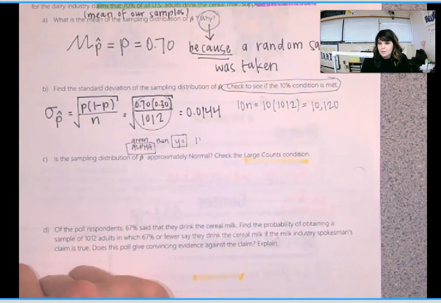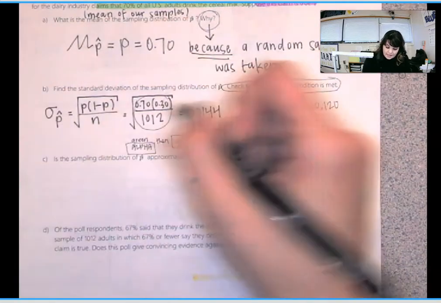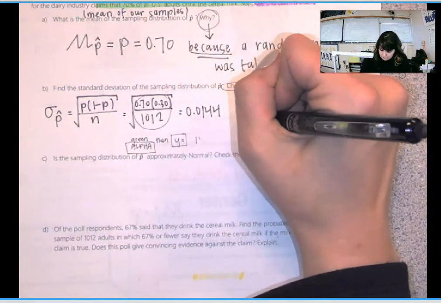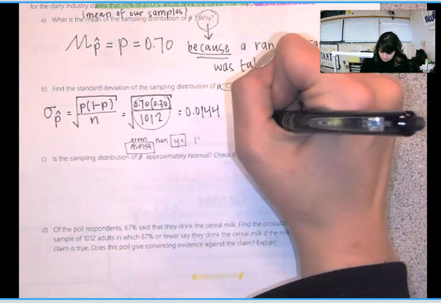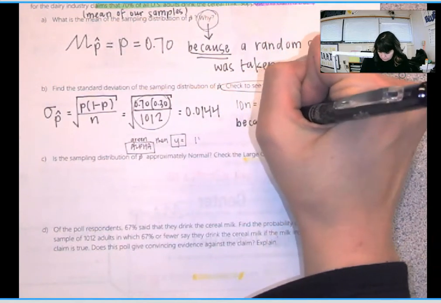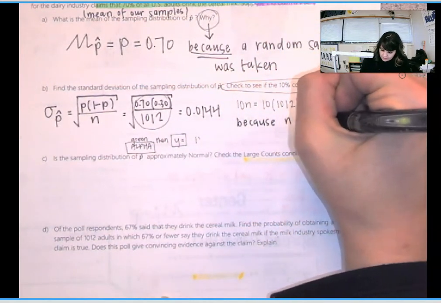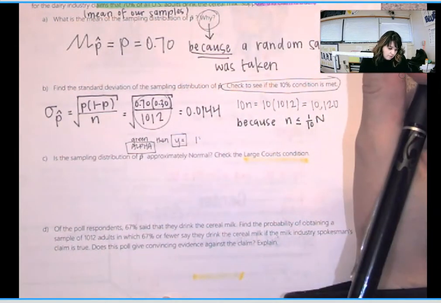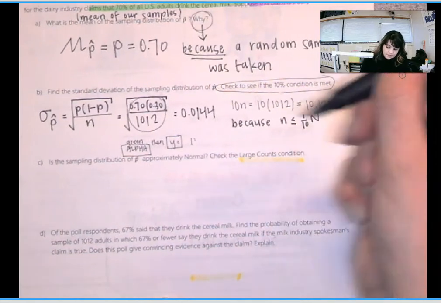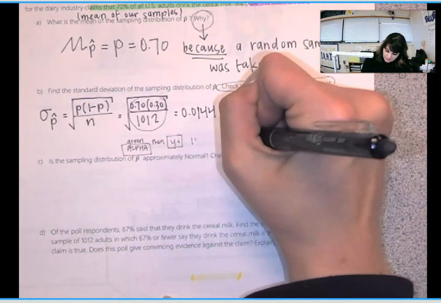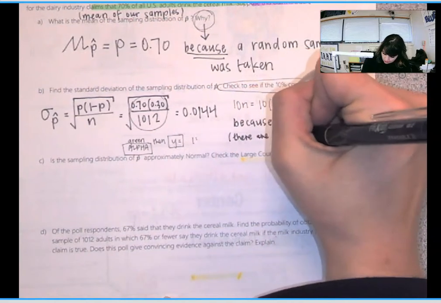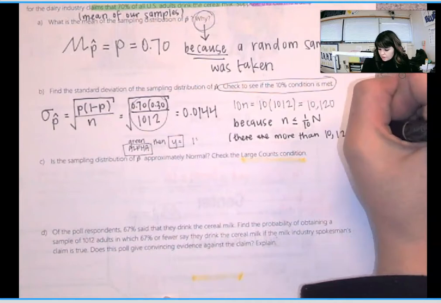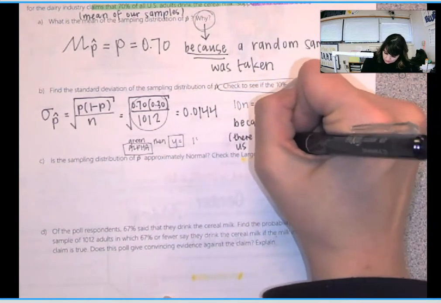There are probably 10,000 adults in Magna. So we're going to say because n is less than or equal to 1/10 of N. And then in parentheses, I'm going to say there are more than 10,120 U.S. adults.